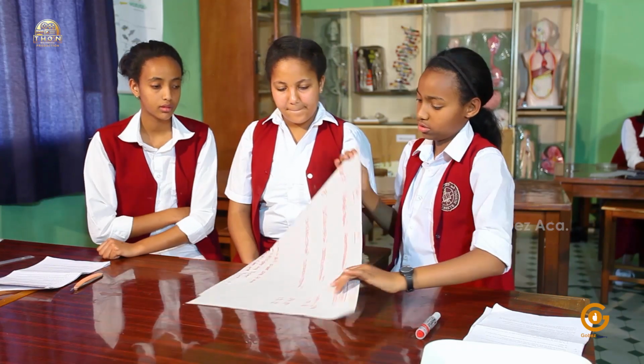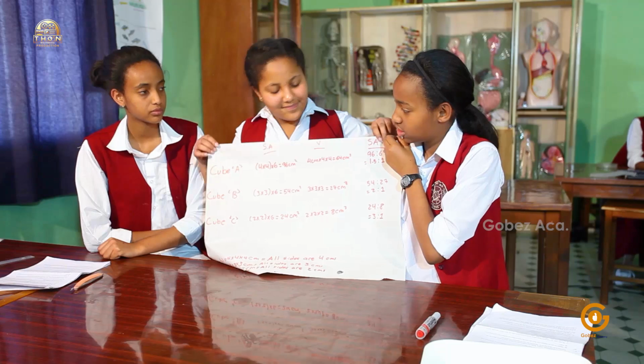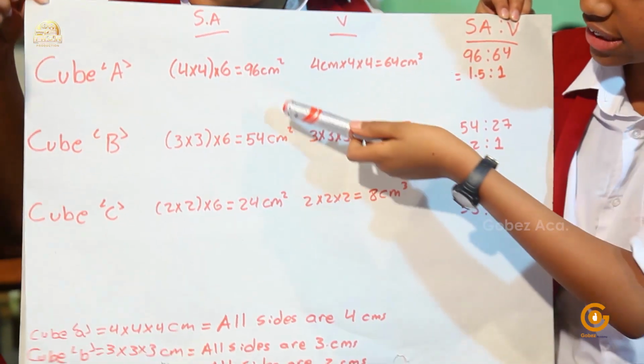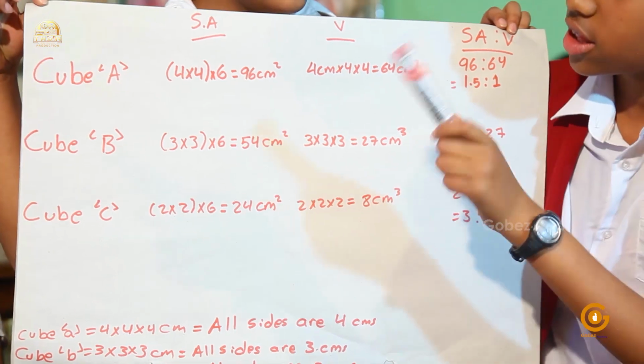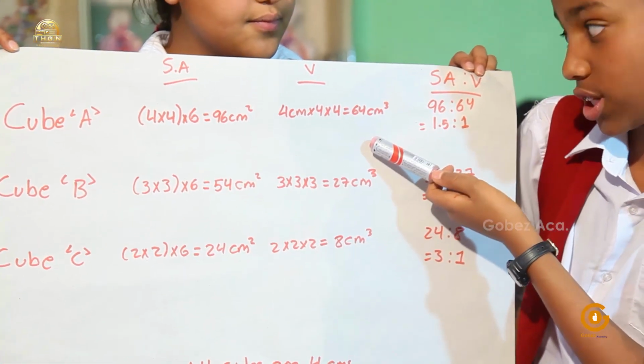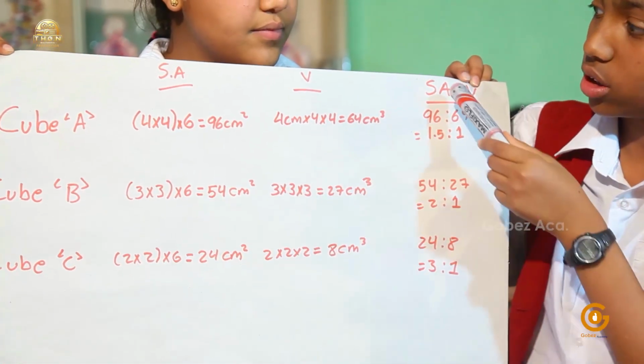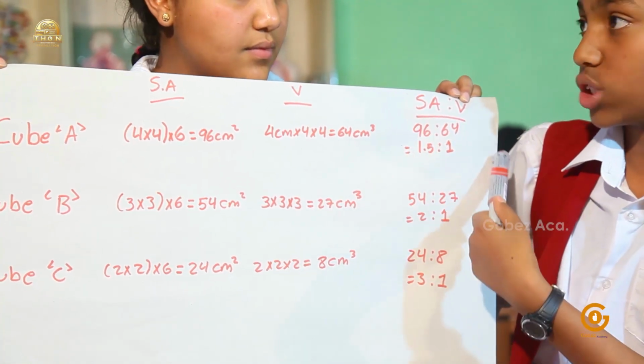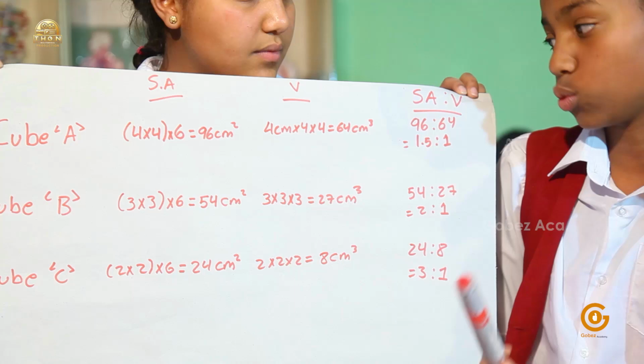Now, as we can see here, the surface area of cube A was 96 centimeters squared. The volume was 64 centimeters cubed. And then when we calculated the surface area to volume ratio, it came 96 to 64, which is 1.5 to 1.